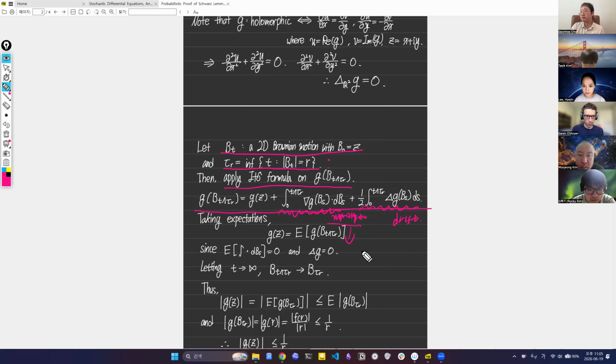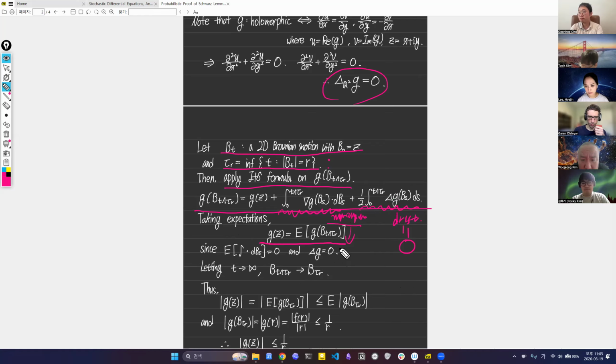It is the most important property of the martingale, and we saw the Laplacian of g is 0, so the Lebesgue part is also 0. So by taking expectation, we get this equation.